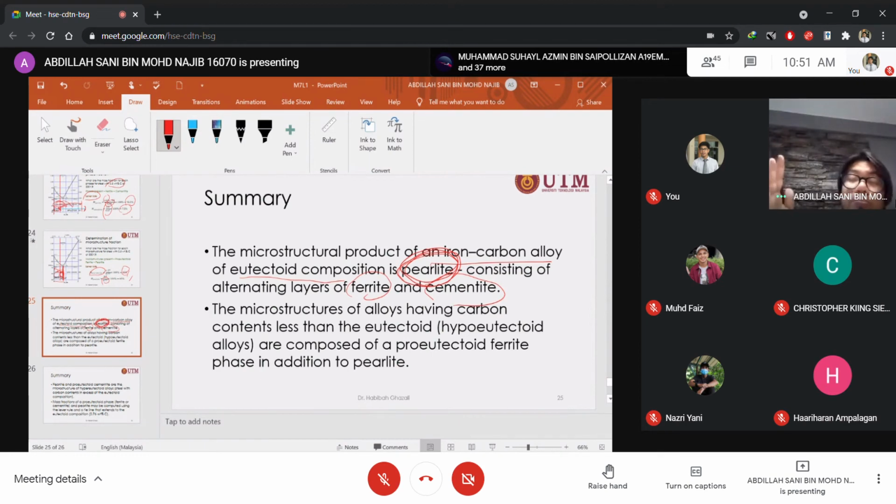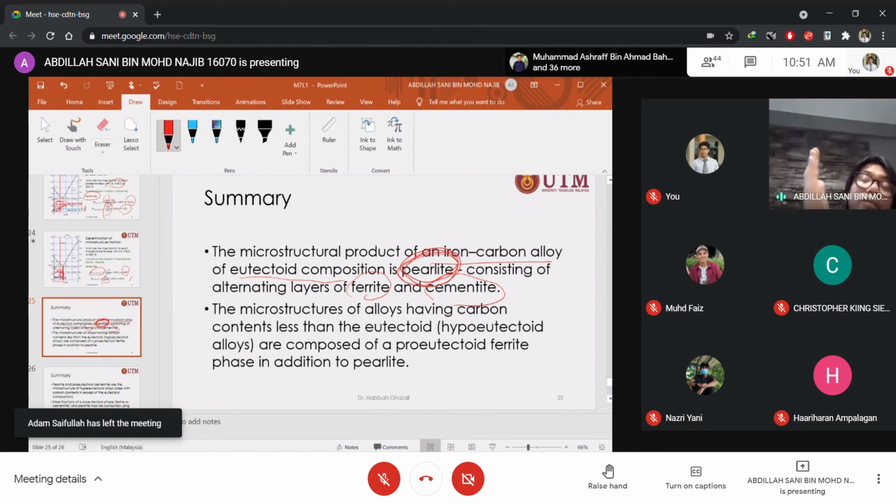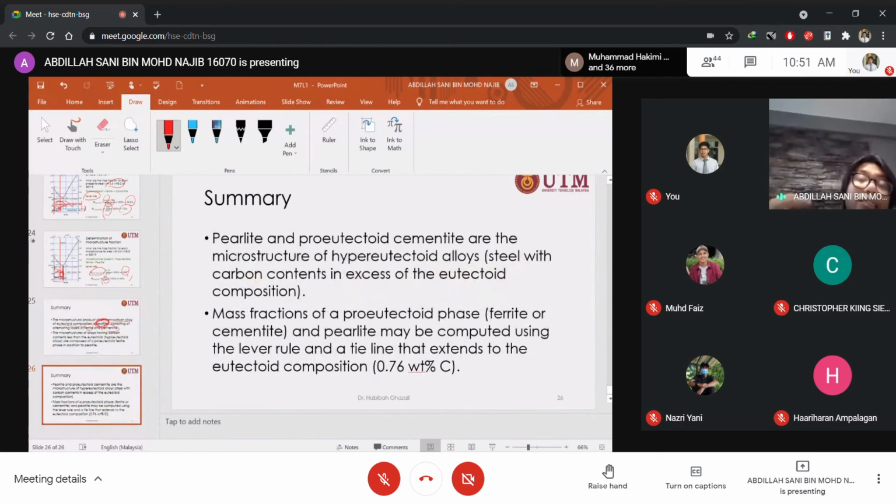Below the eutectoid point, we have hypoeutectoid, and these have pro-eutectoid ferrite in the beginning of the solidification.